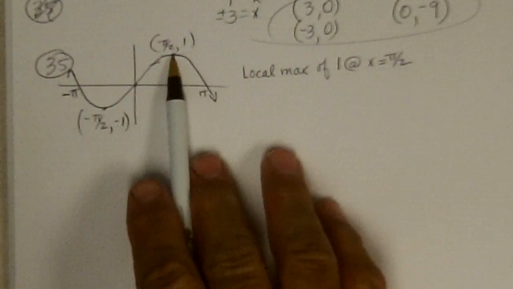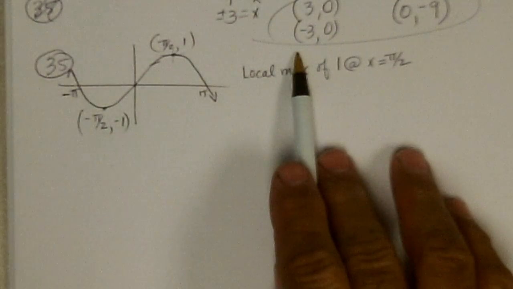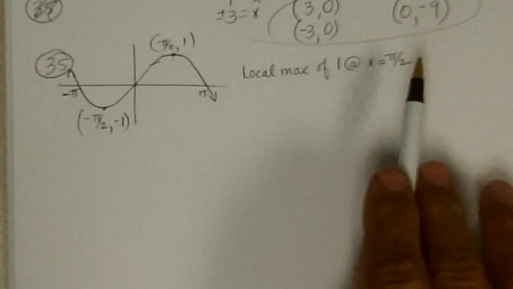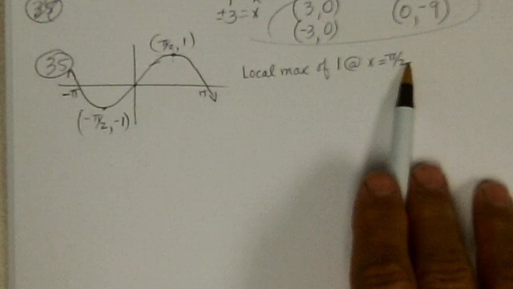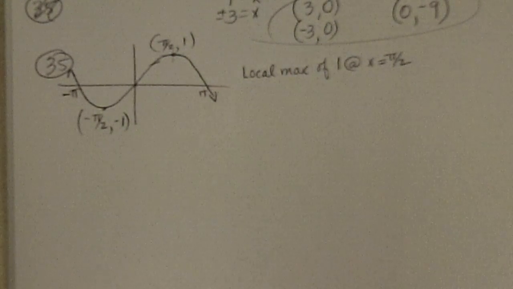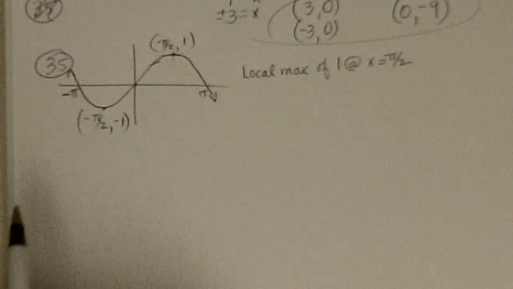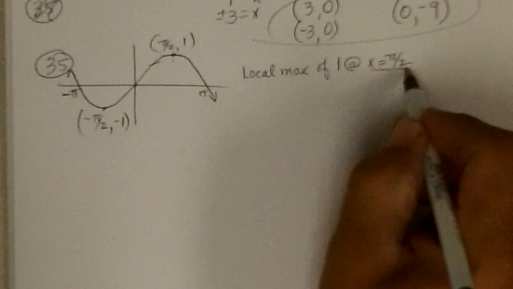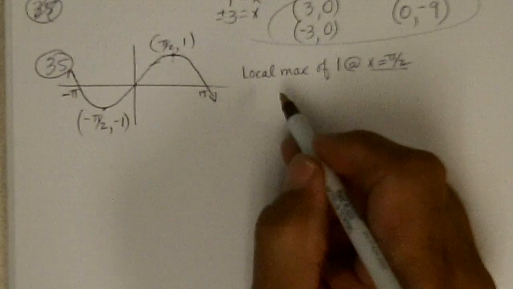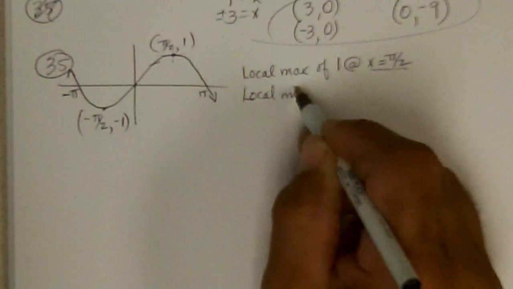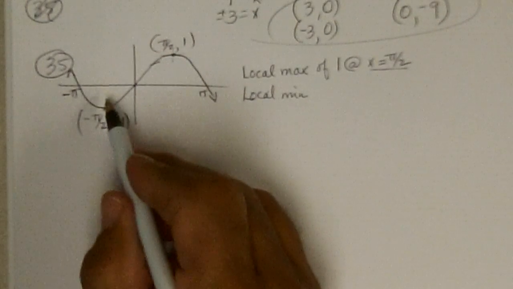Turns out this will also happen here at 2 pi further, which will be 2 pi plus a half a pi is 2.5 pi. Then it'll happen at 4.5 pi, 6.5 pi, 8.5 pi. It'll be 1, and that's the maximum value, and it happens there. And then it says local min, and that would be the height.